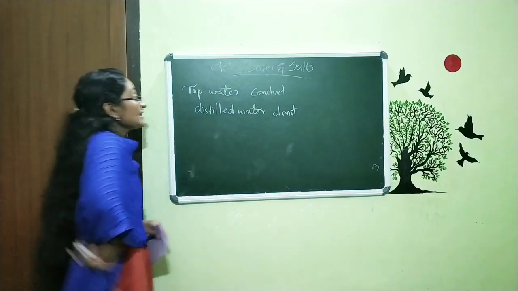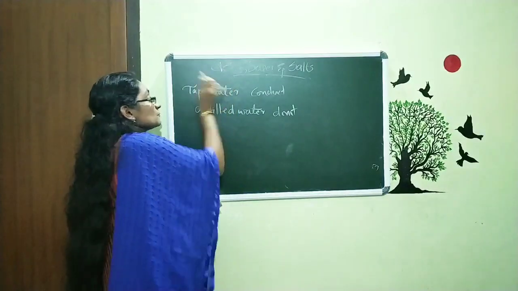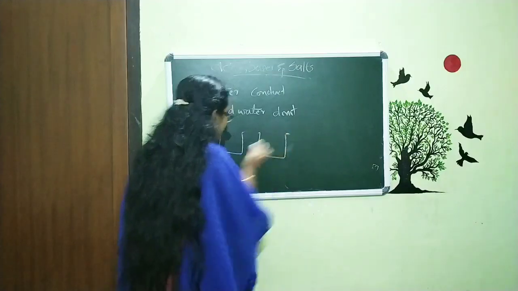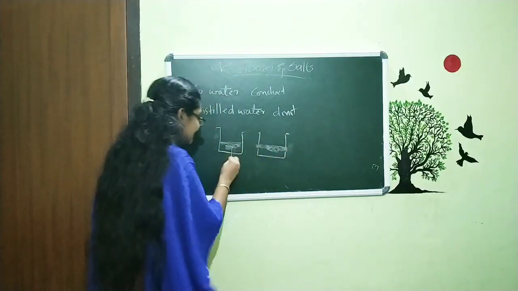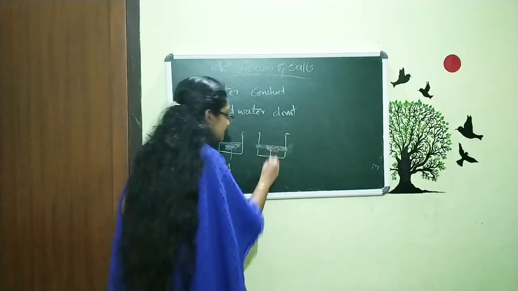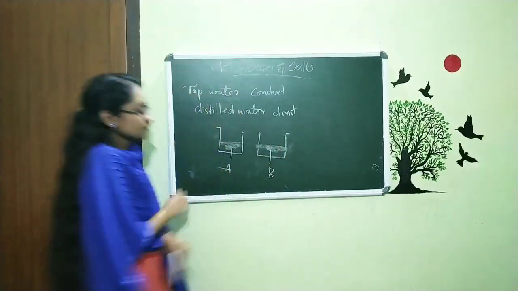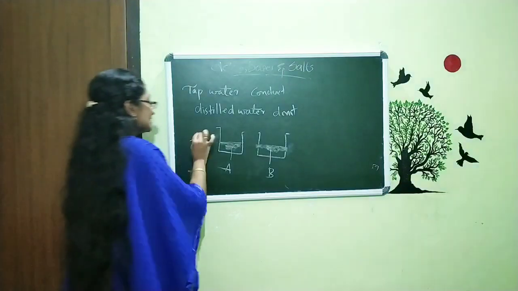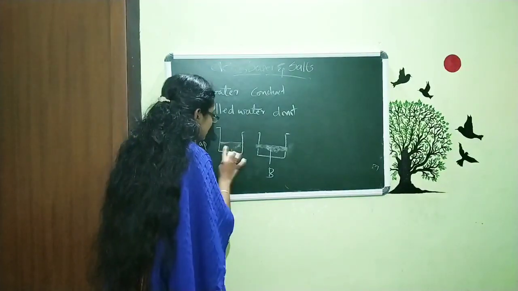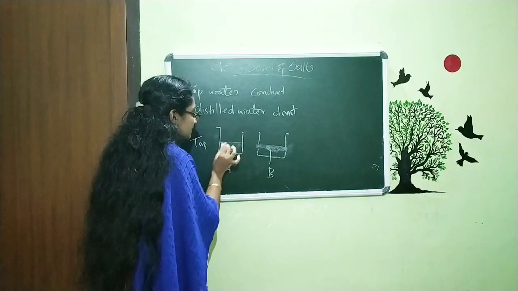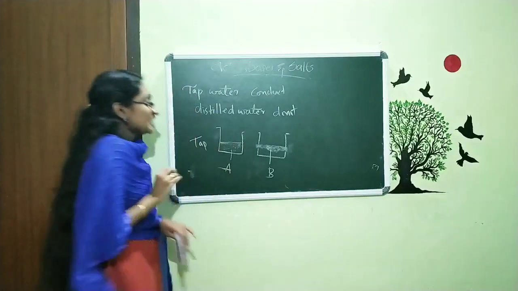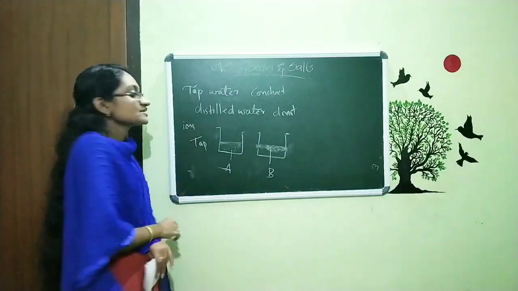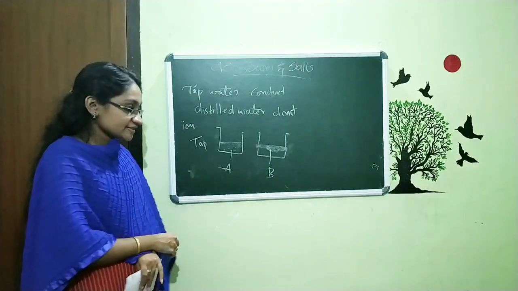The reason is very simple. I am just taking two beakers. This is tap water, beaker A, and this is distilled water, beaker B. When you observe this, you can see that in the tap water a number of salts are present. These salts are actually ions, and because of this they can conduct electricity.